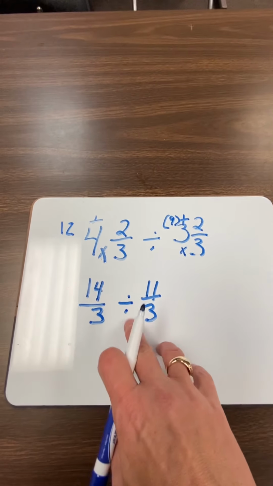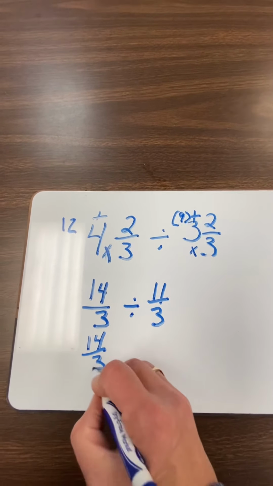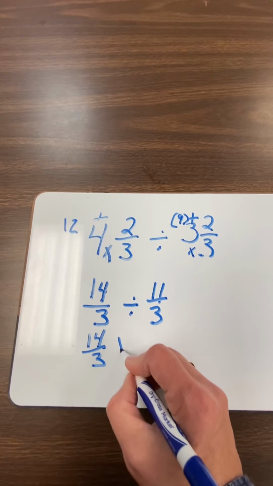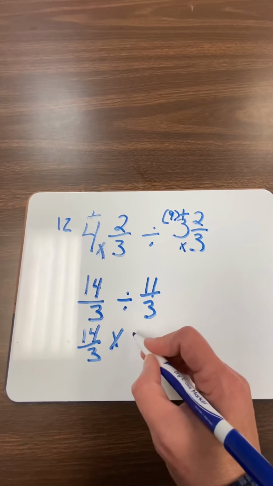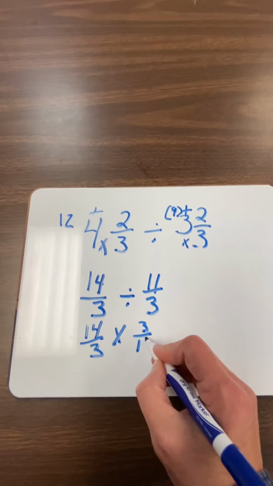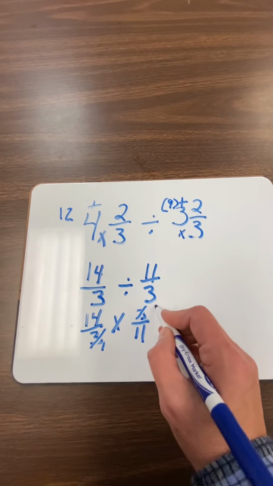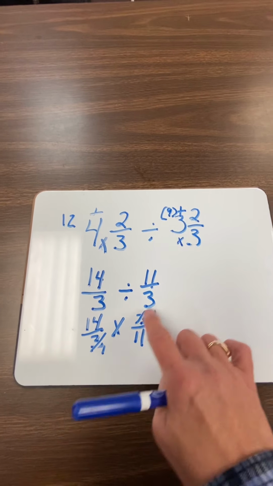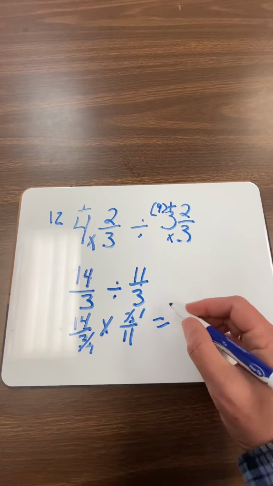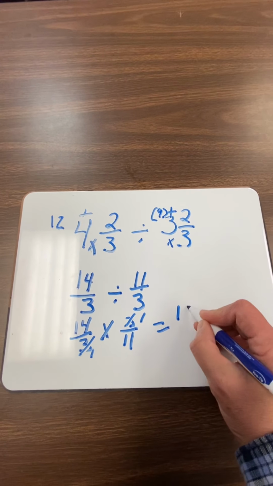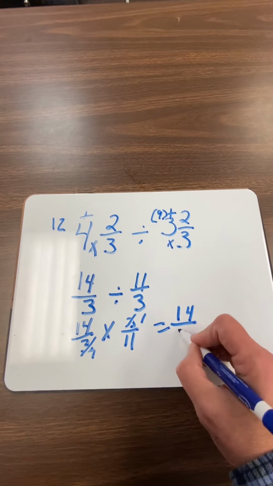Okay, now since it's division, we have 14/3. Divide's going to go to multiply. The reciprocal of 11/3 is 3/11. Okay, now the 3's can cancel. 3 goes into 3 one time, 3 goes into 3 one time. So now just multiply across. 14 times 1 is 14. 1 times 11 is 11.